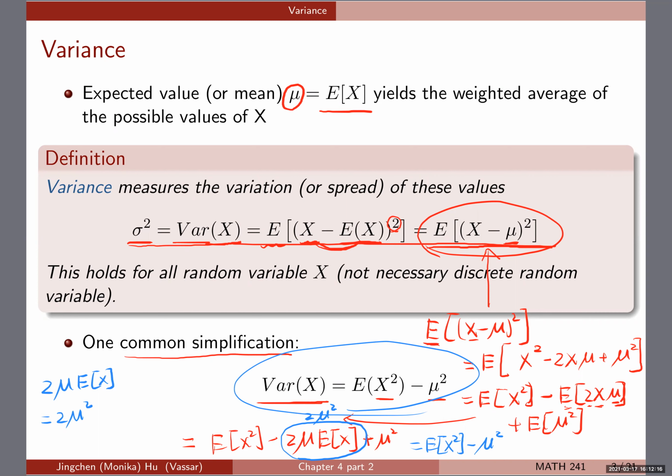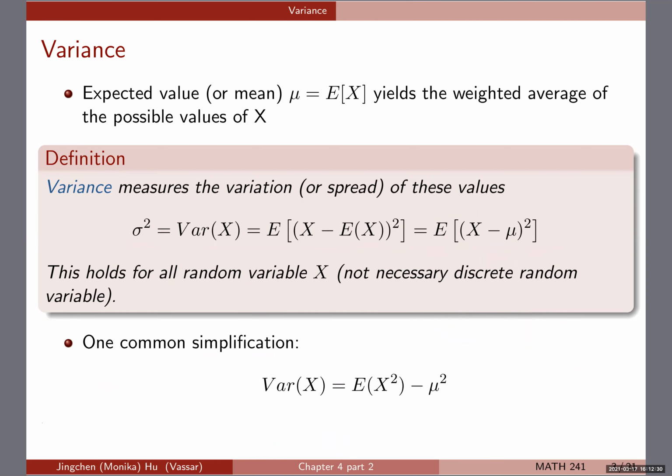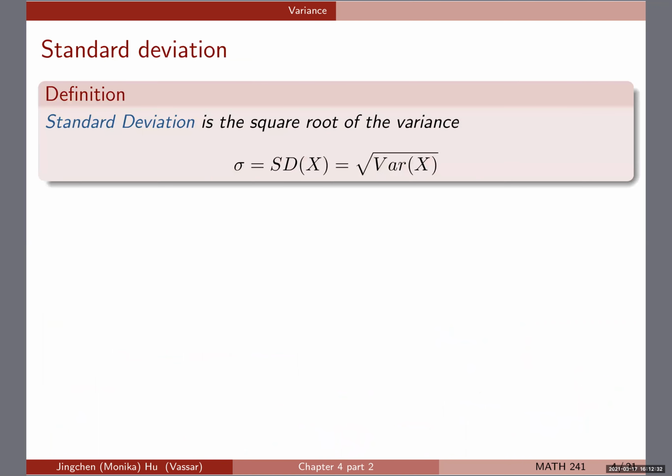And once we know this, like I said, it could be much simpler to use this common simplification to calculate the variance instead of going back to the definition and doing it every time. All right, so keep that in mind. With variance, we are also ready to introduce what we call standard deviation. The standard deviation is pretty straightforward.